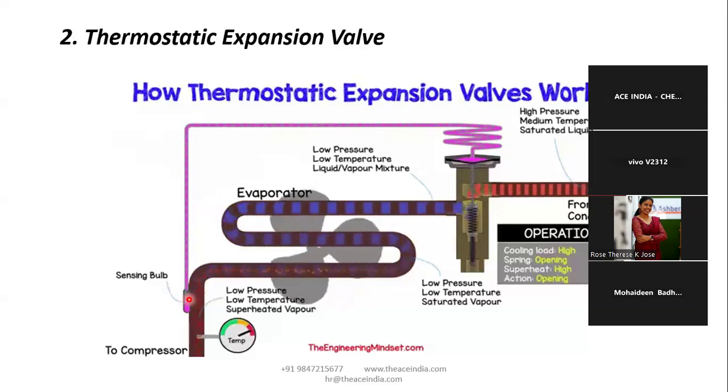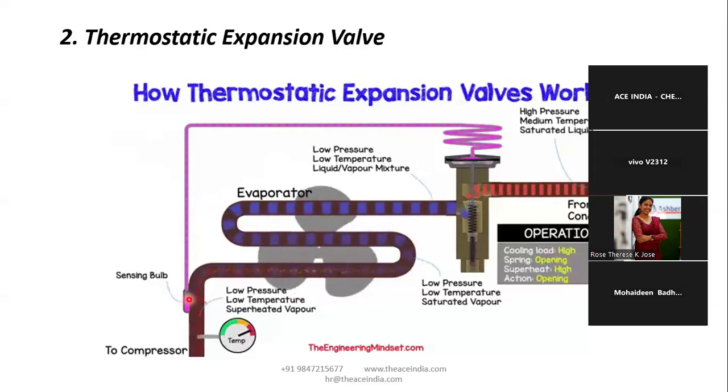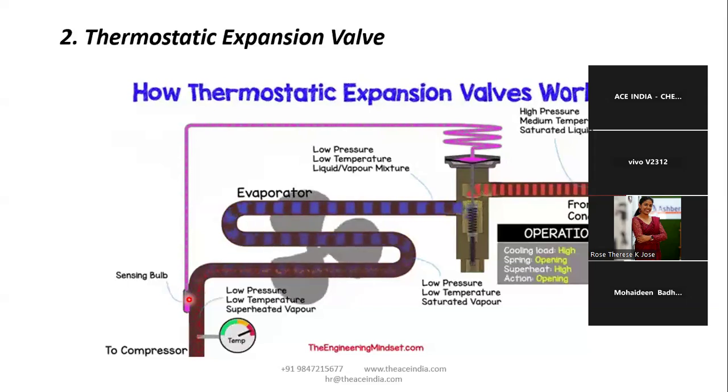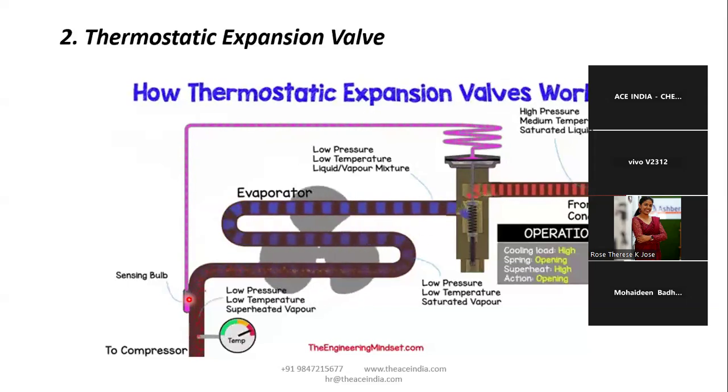If closing or opening is required, they will simply change the polarities. For example, if north and north magnetic poles make contact, what will happen? It makes some kind of repulsion, isn't it? So the same thing here also, if north and north face, the seating will be opened. If north and south, the seating will be closed. So this is how an electronic expansion valve works.